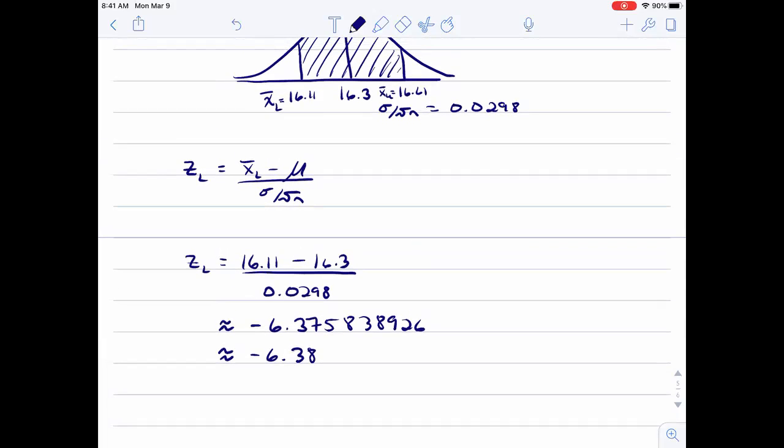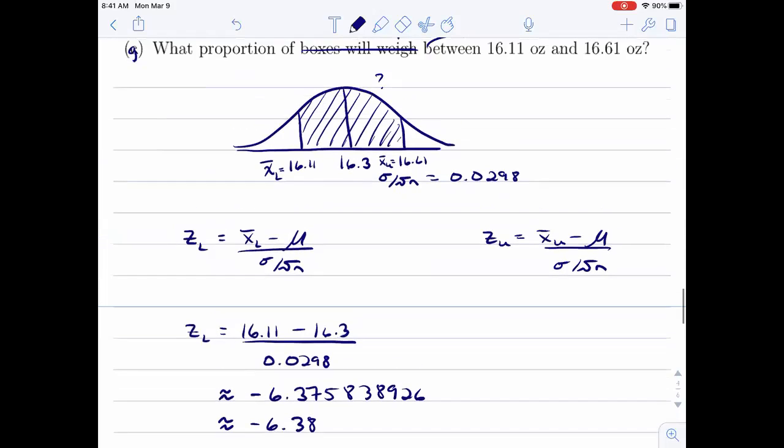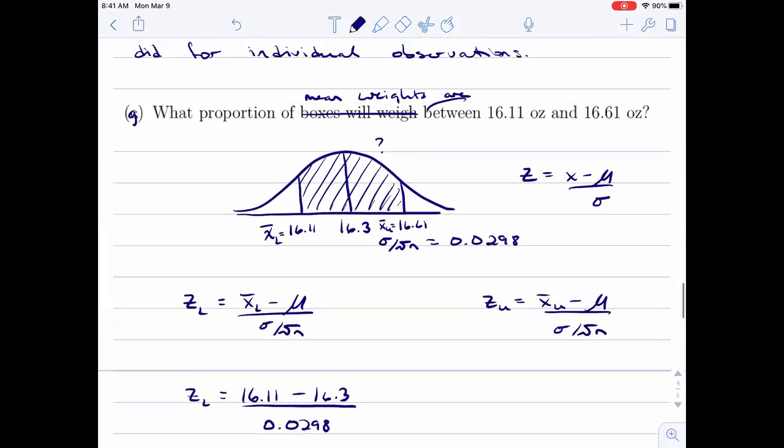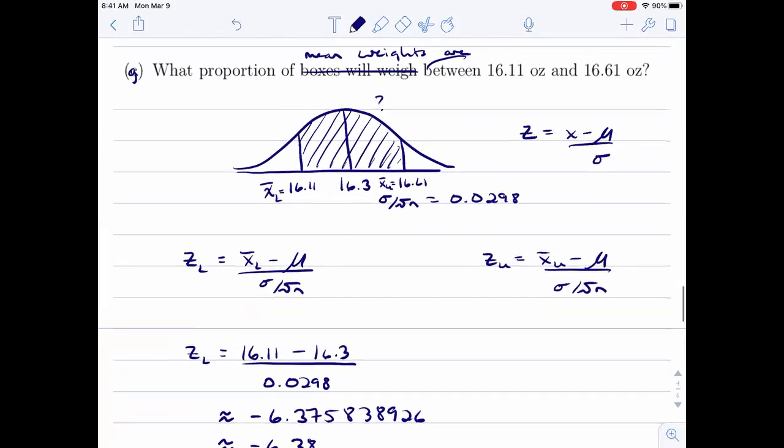Doing the same thing for the upper. Z upper is x bar for the upper minus mu over sigma over root n. Notice the anatomy of this thing. If we're talking about z-scores, we've got x minus mu over sigma. You notice just how z behaves. X has a standard deviation of sigma.